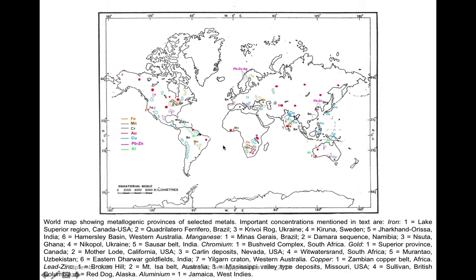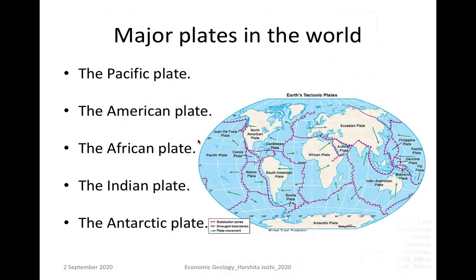So, on the basis of that, we know about various occurrences of ores within the world. So, let us try to understand how these economic minerals, that is ores, are related to the plates. These are different plates present in the earth, be it the Eurasian, African, Indo-Australian or Antarctic plate. You know about all this.